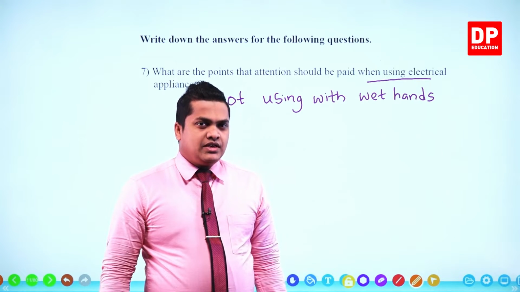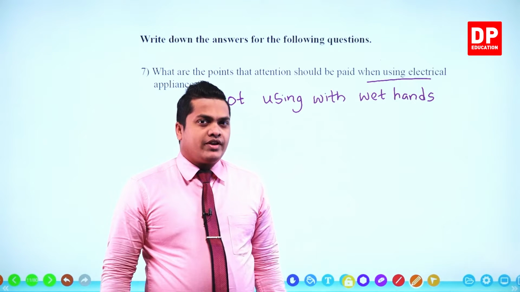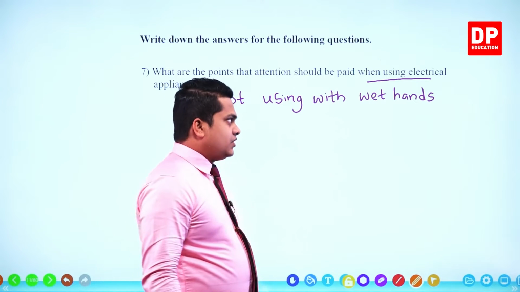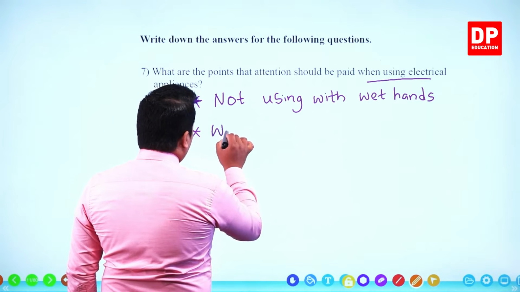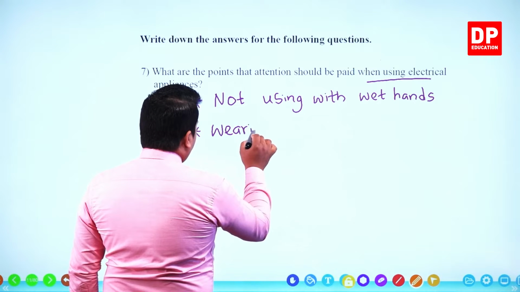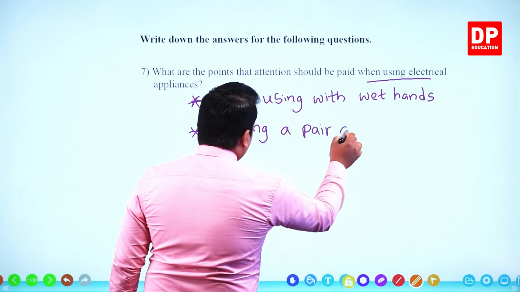So when using heating equipment like irons and rice cookers that utilize electricity, it's wise to use a pair of slippers to avoid electric shocks.